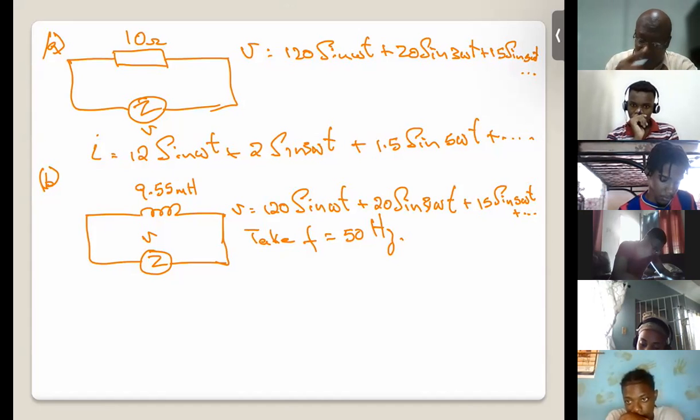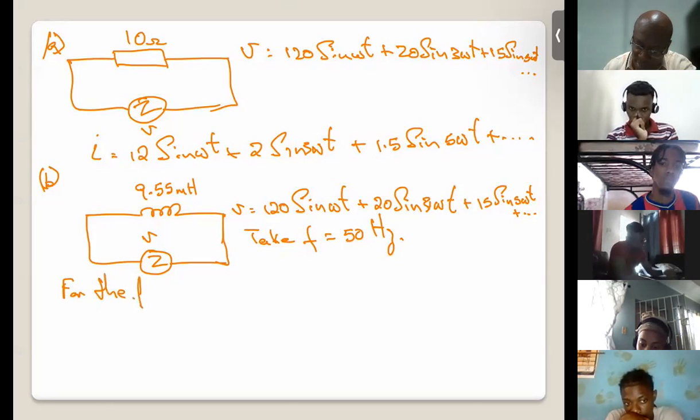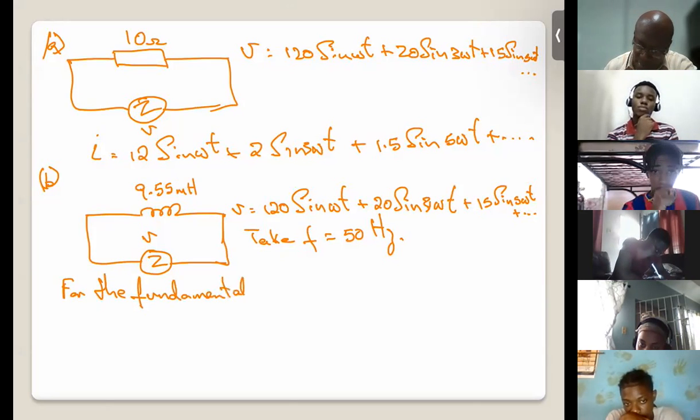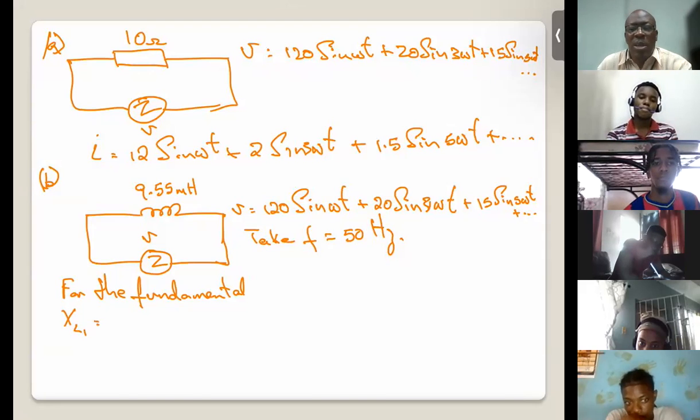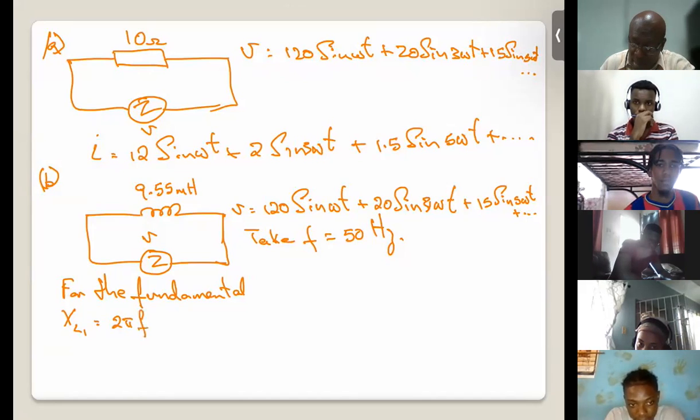So you start by saying, for the fundamental, what is XL? How do we find XL, knowing that F is 50? Sir, 2 pi times 50 times 9.55. All right, so 2 pi FL, and that gives us 3 ohms.